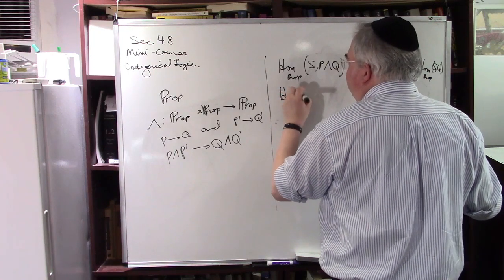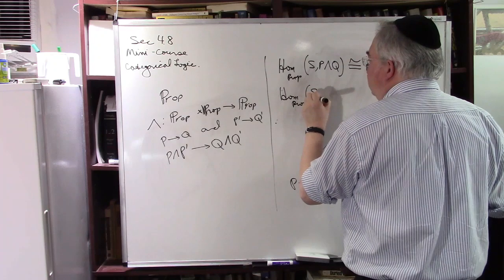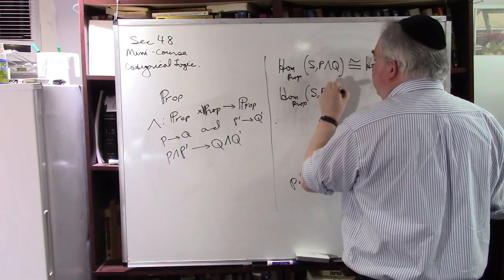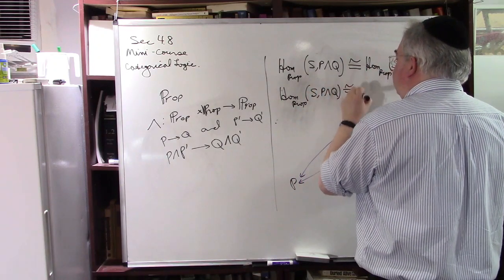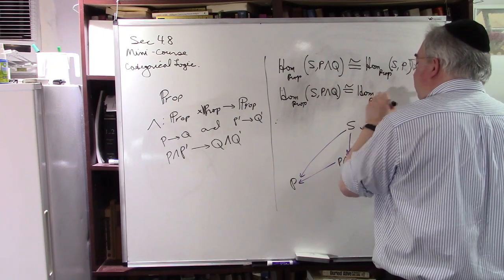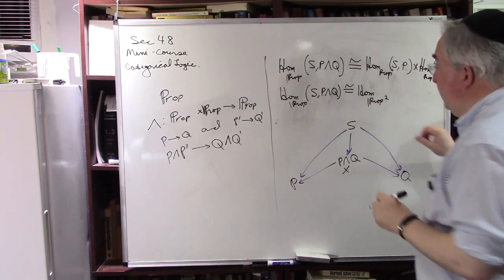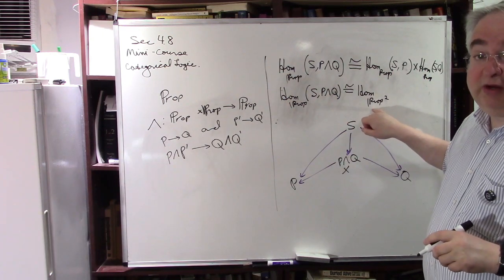But hold on, let's restate it again. This is the same thing as saying hom Prop of S, comma, P and Q is the same thing as hom Prop squared, and let's remember what that means. That's a product of 2 categories.